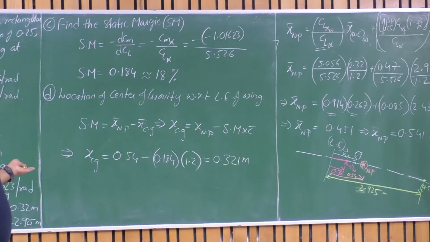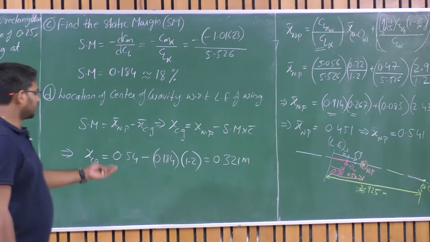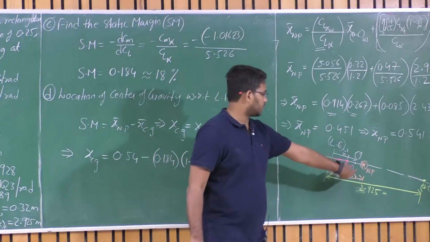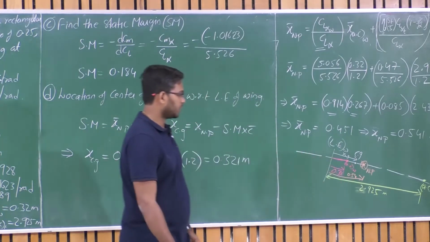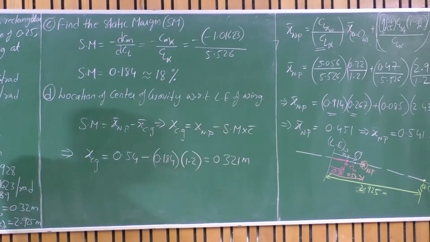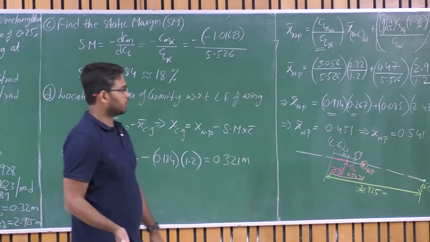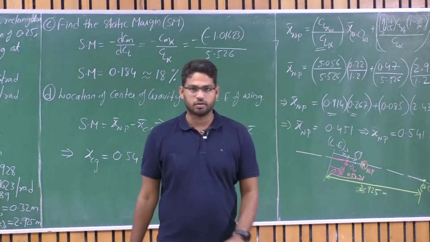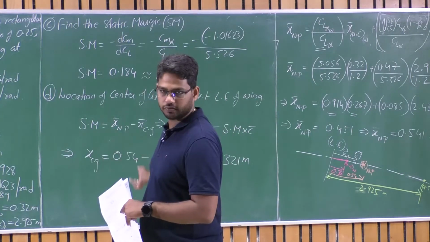If you have to have 20% static margin, almost close to 20%, then the CG of the UAV is almost close to the aerodynamic center of the wing here. That means there will be a very weak contribution of CL of the wing towards CL naught of the wing towards CMAC or CM naught, sorry, CM naught of the aircraft.